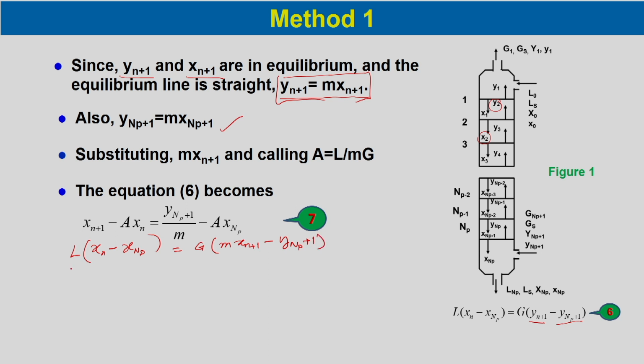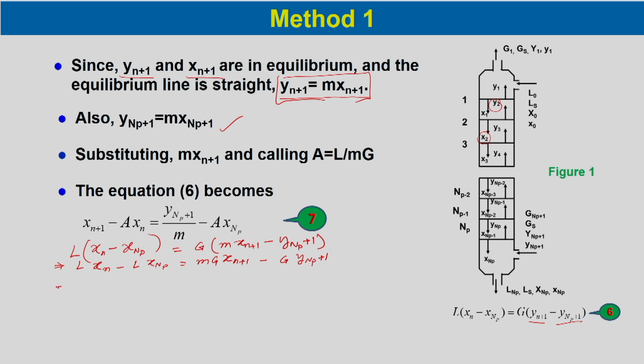Now, if we simplify, L x n minus L x n p would be equal to m G x n plus 1 minus G y n p plus 1.